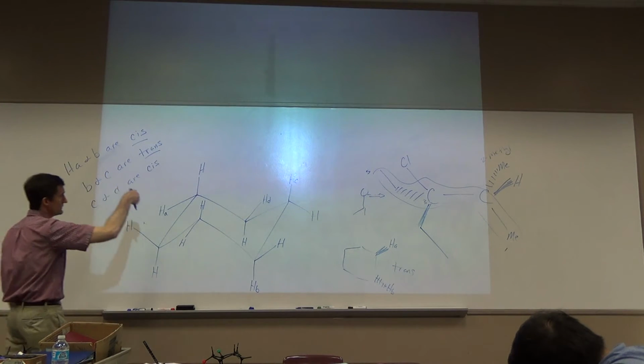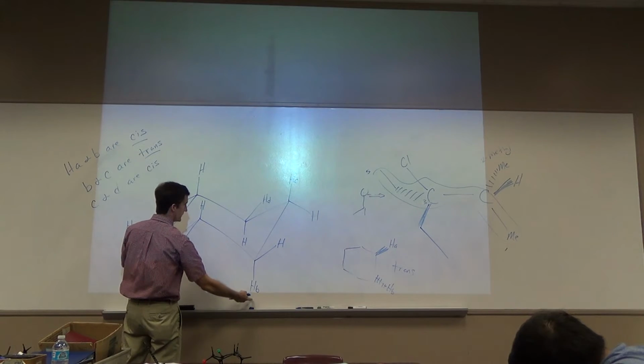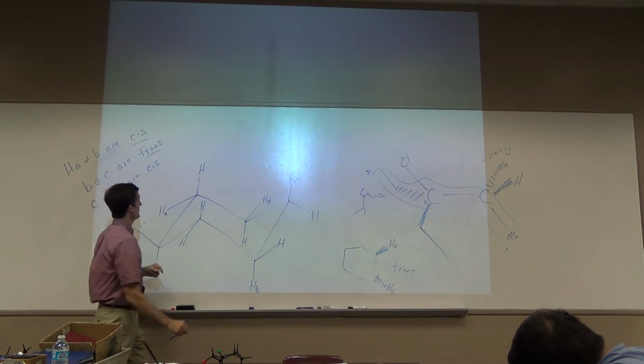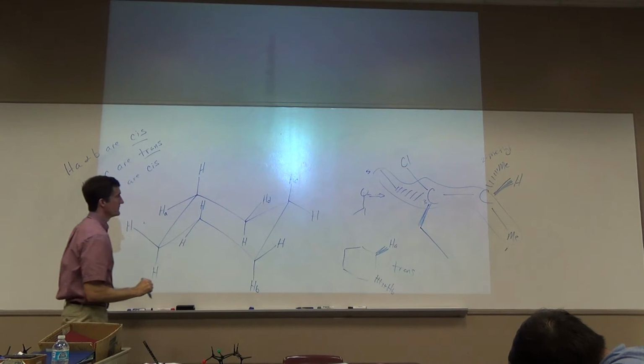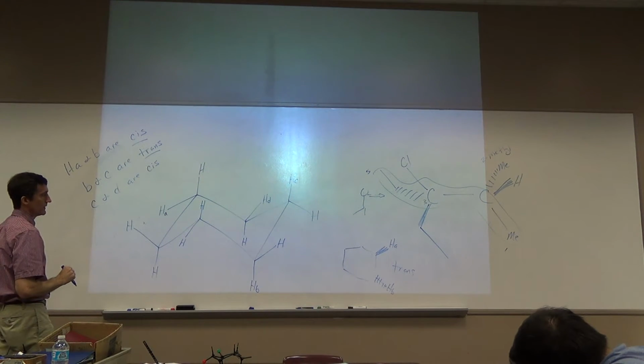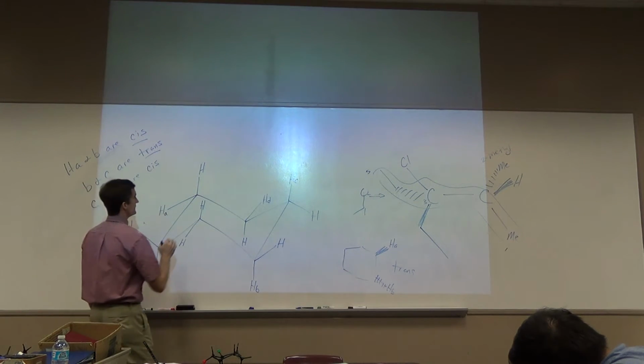Now actually, if you look at both of the cis's, one is axial, one's equatorial. One is axial, one's equatorial. Maybe C, D. How about E?